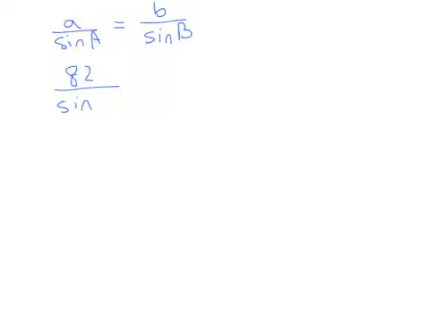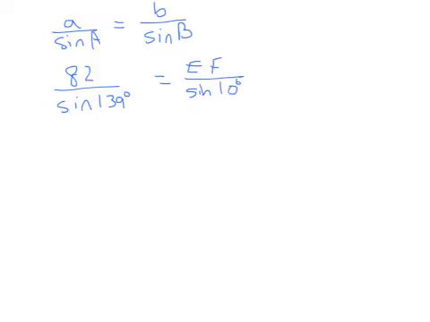So the sine rule would be a over sine A equal b over sine B. In this case, we'll be taking 82 over sine of the angle facing it, and 82 is facing the angle F, so it's sine 139 degrees, equal to EF over sine the new angle that we just found, 10 degrees.